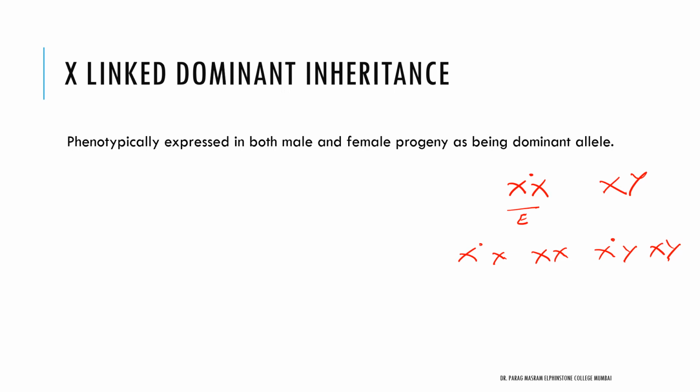Phenotypically, out of four, two will be affected because there is an X chromosome which is going to express itself in the absence of any other X chromosome, because that's the heterozygous condition. And if any individual is showing such a character, one of the parents has to be affected.